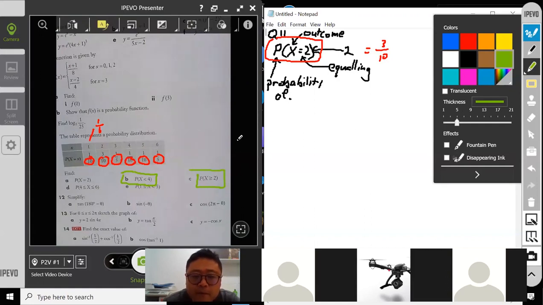This would be the probability of something occurring that is greater than or equal to 2. Yes, got it. So it would be the probability of your outcome being greater than or equal to 2. Does that make sense? Yeah.